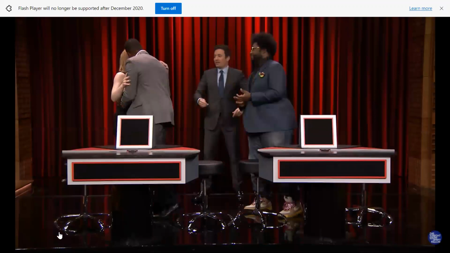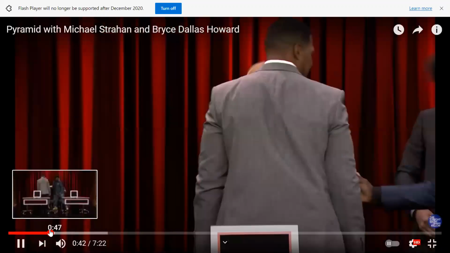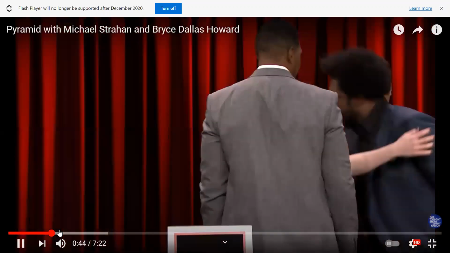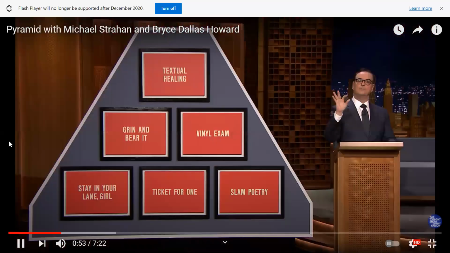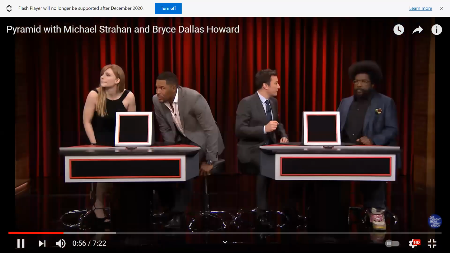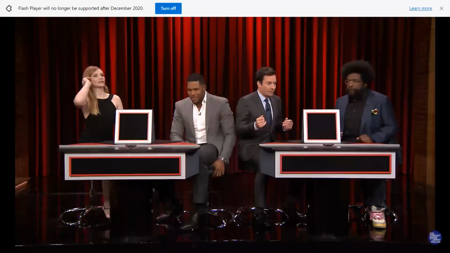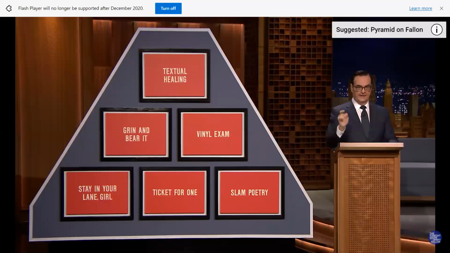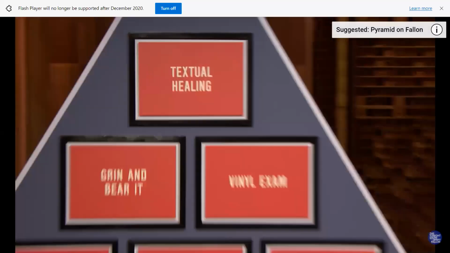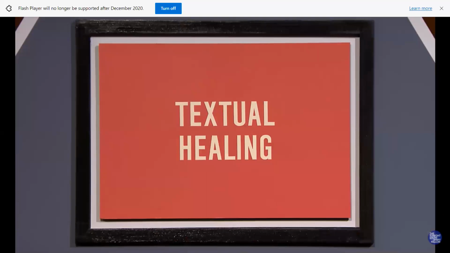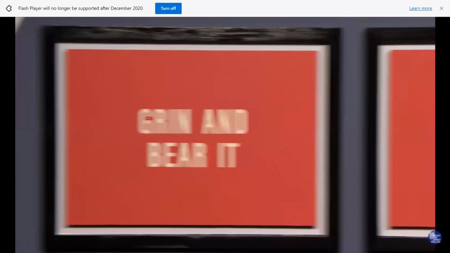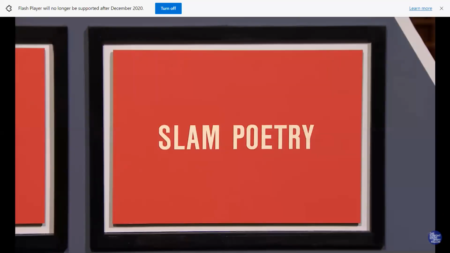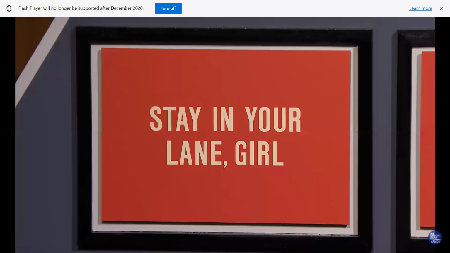Fantastic. Begin by picking a category. Then you'll try to get your partner to guess as many words or phrases in that category as you can in 30 seconds. The team with the highest score after 4 rounds wins. Any questions? Here are the categories. Tonight we have textual healing, grin and bear it, vinyl exam, Oy, slam poetry, ticket for one, and stay in your lane, girl.